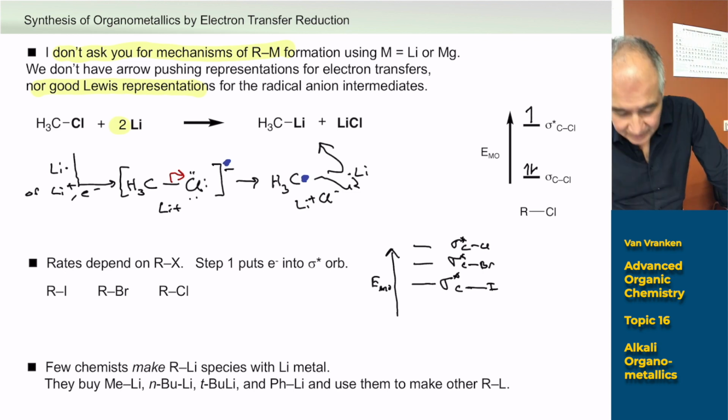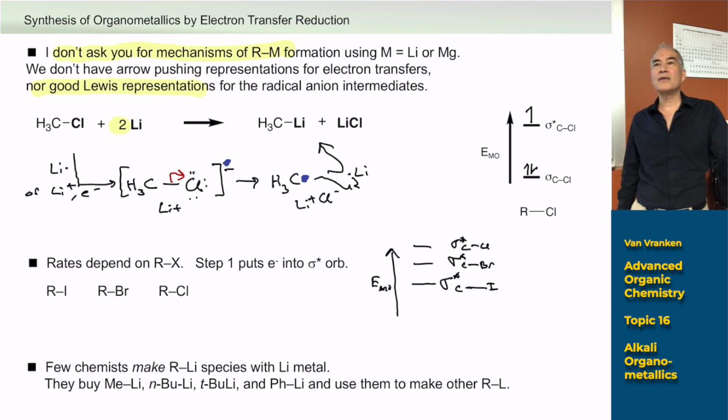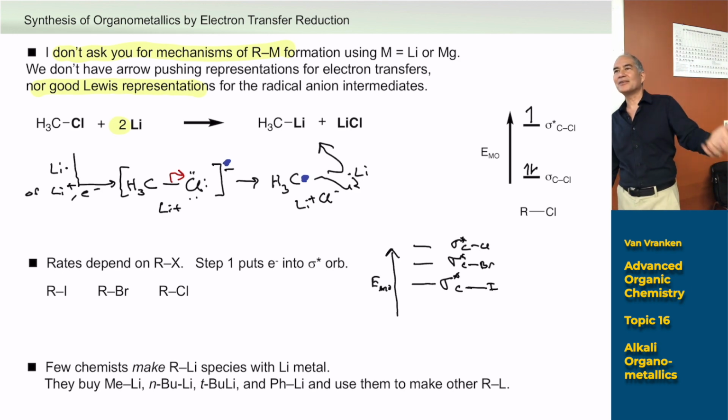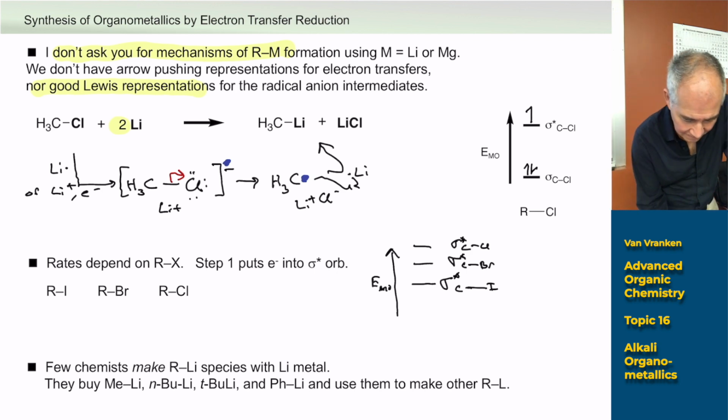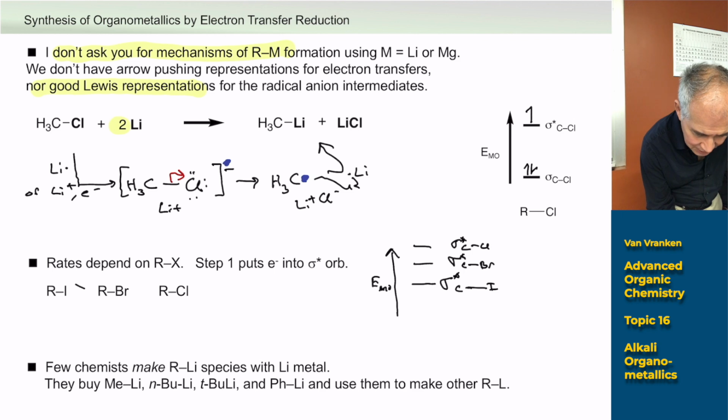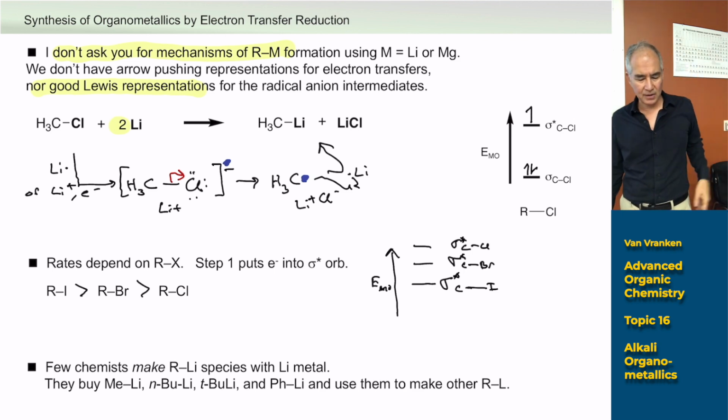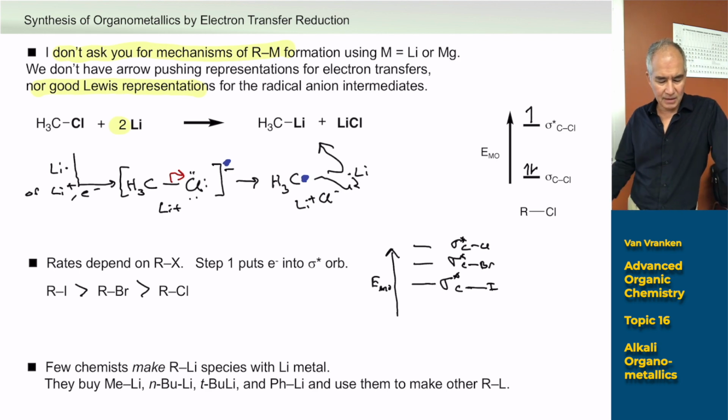You might expect that it's easier to put an electron into an alkyl iodide antibonding orbital. If you want to make an organolithium or a Grignard reagent, alkyl iodides are better, faster. It just works faster. The bond's weaker, sigma star is lower, so you'll get the fastest rates for electron donation for that initial reduction and the overall rates for formation of organolithiums and organomagnesiums if you start with alkyl iodides.